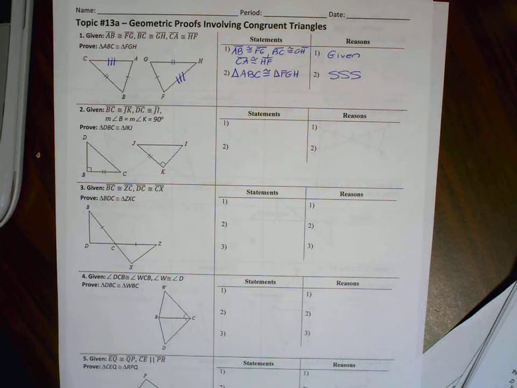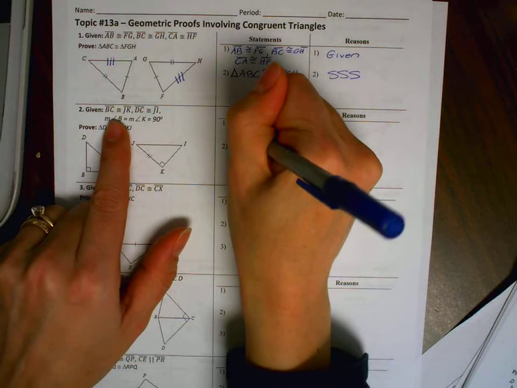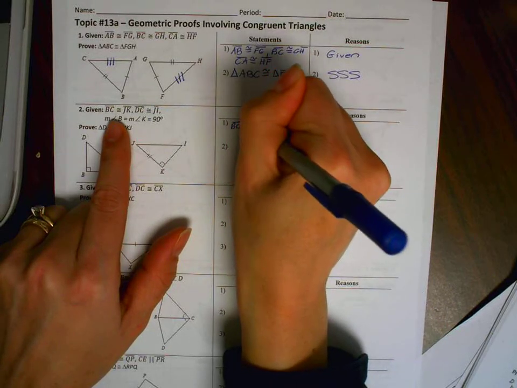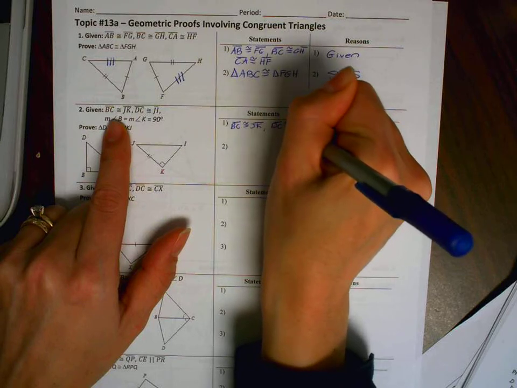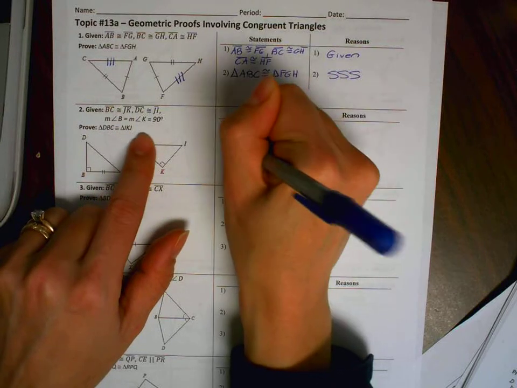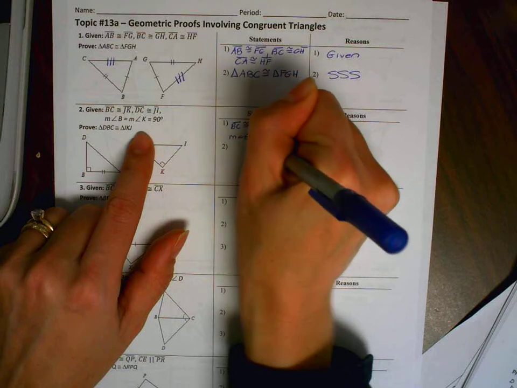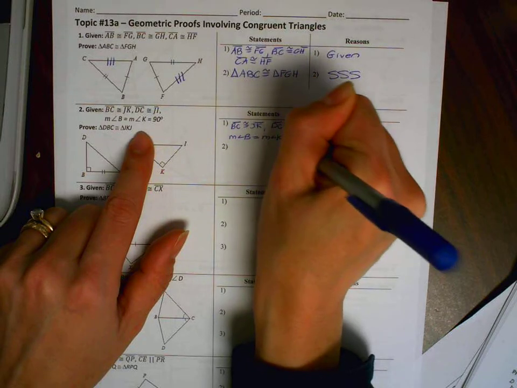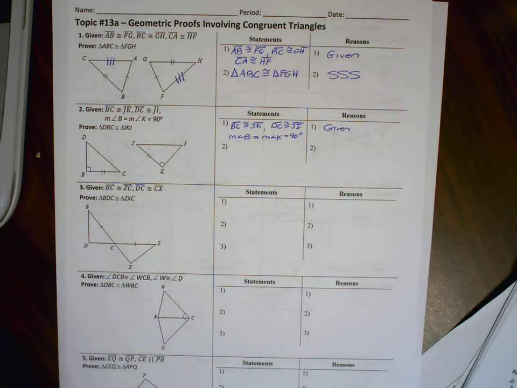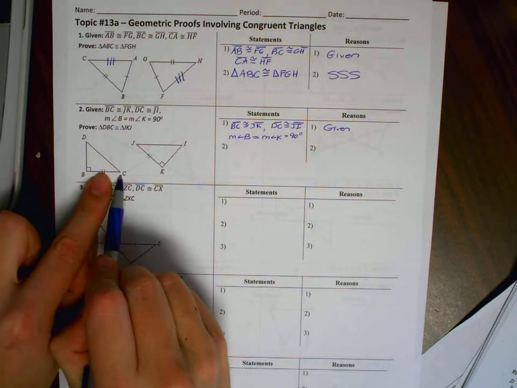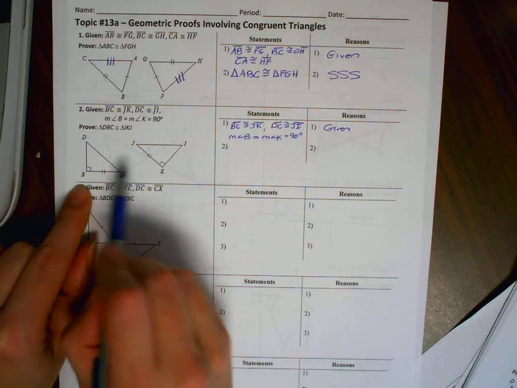All right, so hopefully you tried number 2 on your own. We're going to do the given part. BC is congruent to JK, DC is congruent to JI, and the measure of angle B is equal to the measure of angle K, which is 90 degrees, and the reason is given. So let's make sure we have everything marked. BC congruent to JK, that's been marked.